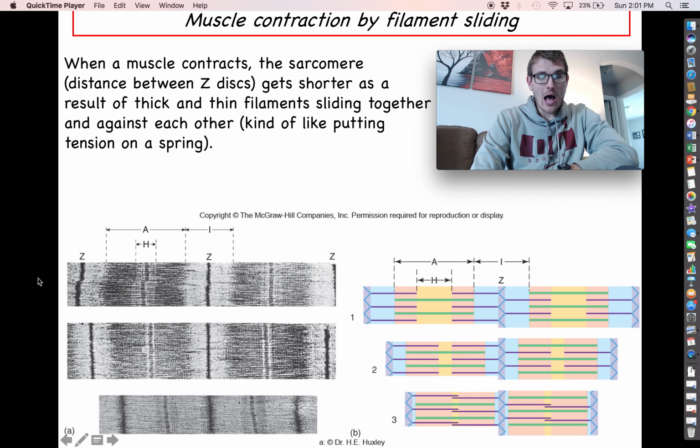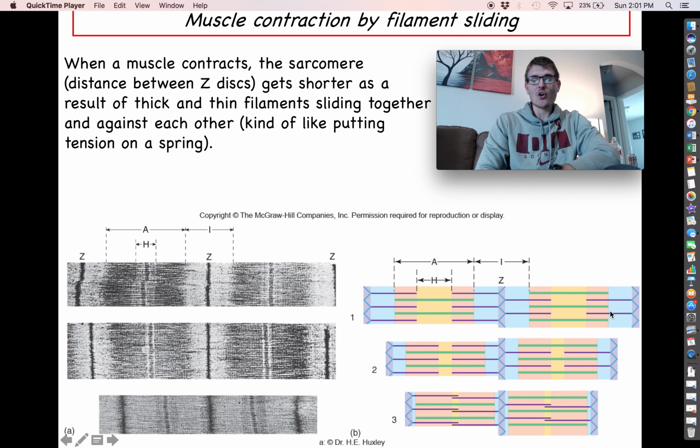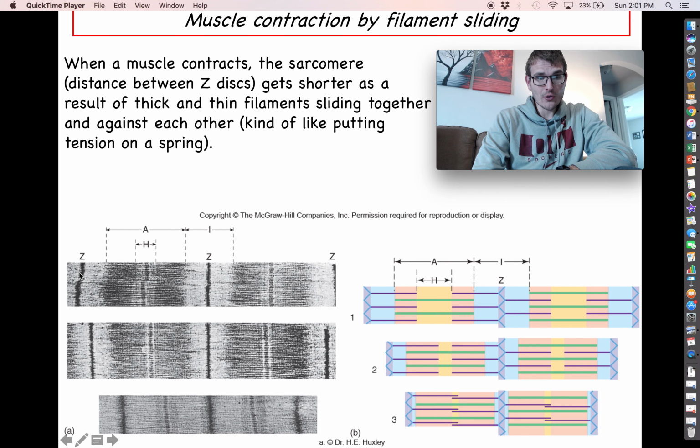So on top here, whether you're looking here or here, that is going to be what the sarcomeres look like in a relaxed muscle. You'll notice that the Z-discs are at their maximum length apart from each other, and then you have your I-bands in which you only have thin filaments, your H-bands where you only have thick filaments.